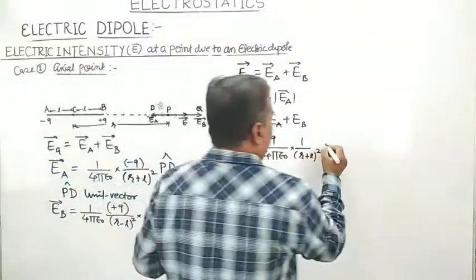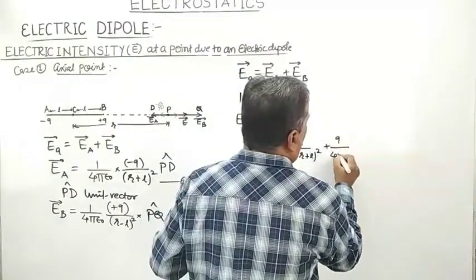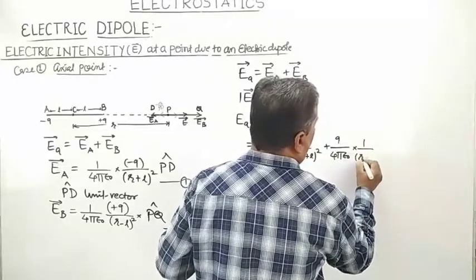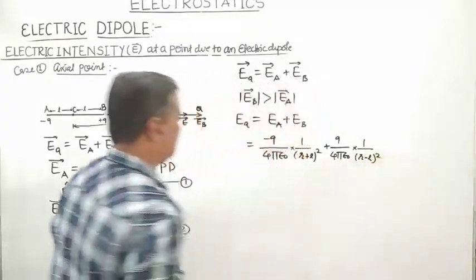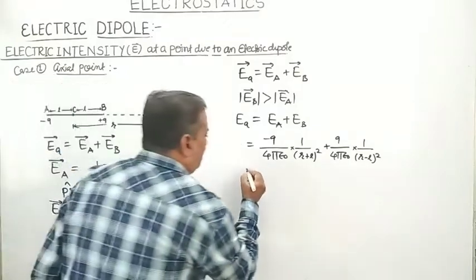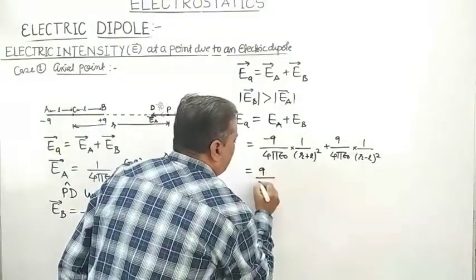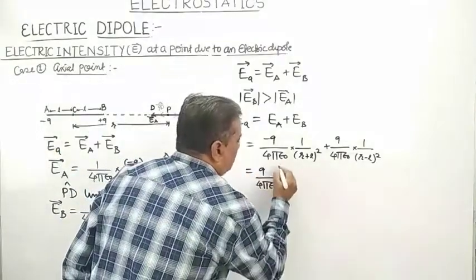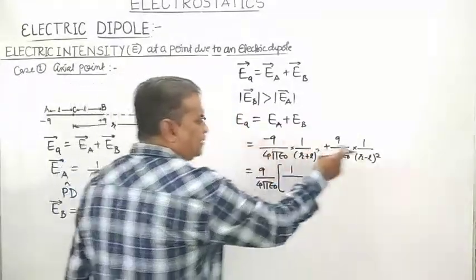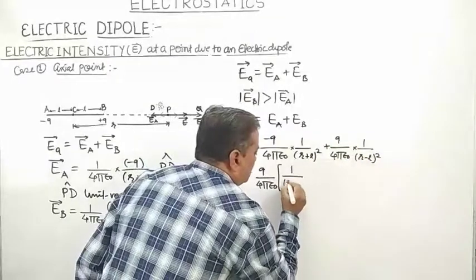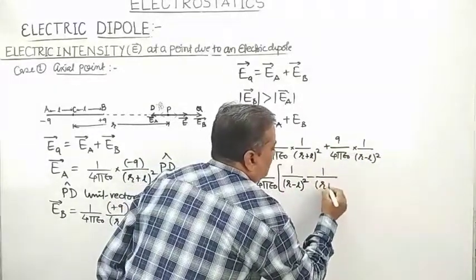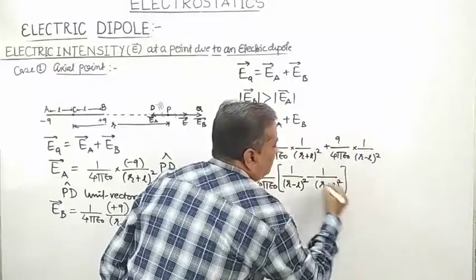EB is plus Q divided by 4 pi epsilon 0 into 1 upon R minus L whole square. So, what can you take common? You can take Q divided by 4 pi epsilon 0 as common. In the bracket we have, this is a negative term whereas this is a positive term, so it is 1 upon R minus L whole square minus 1 upon R plus L whole square.